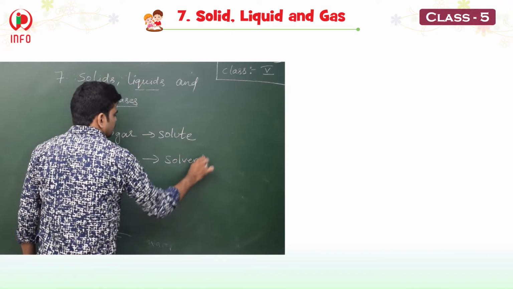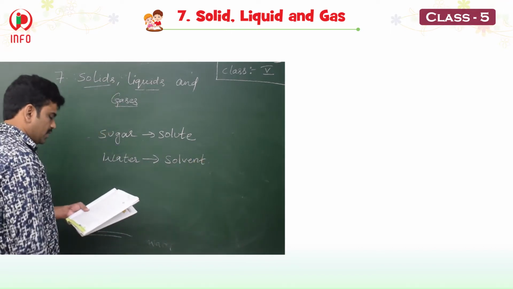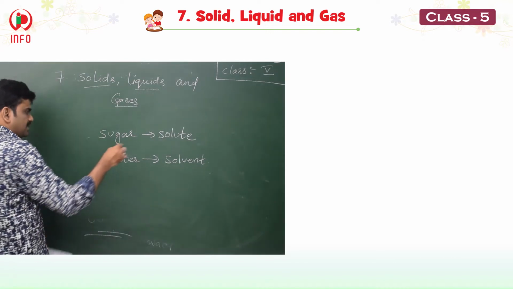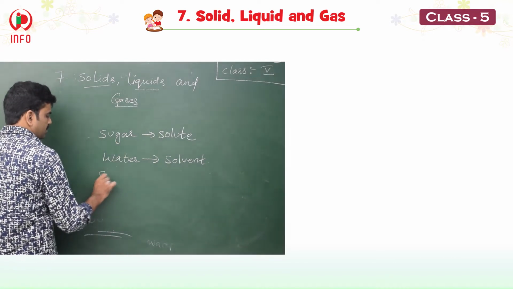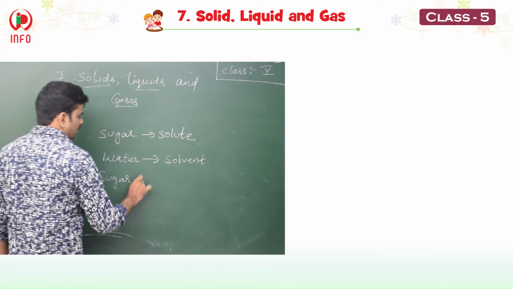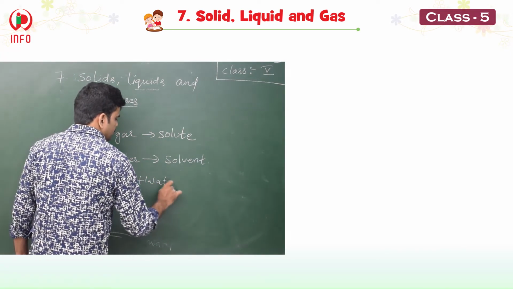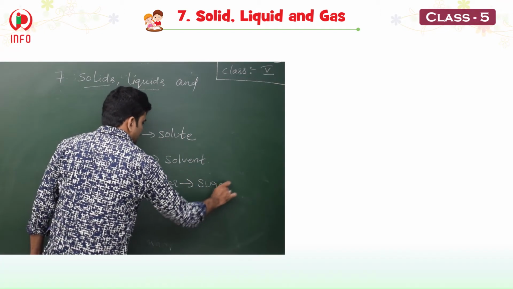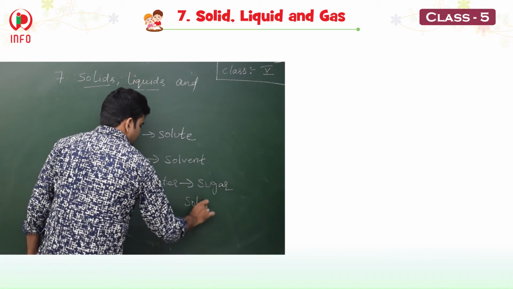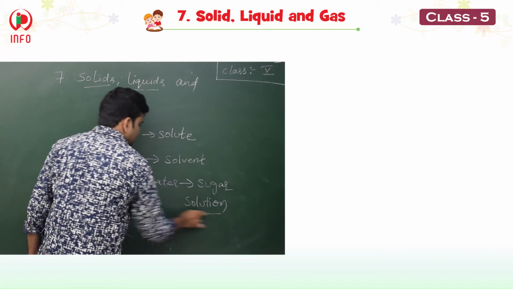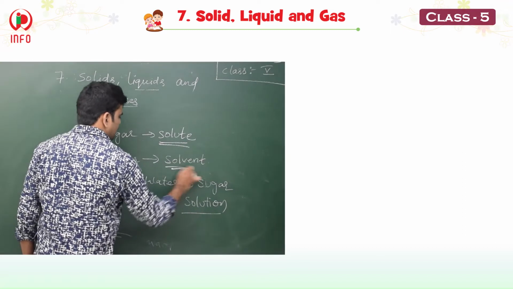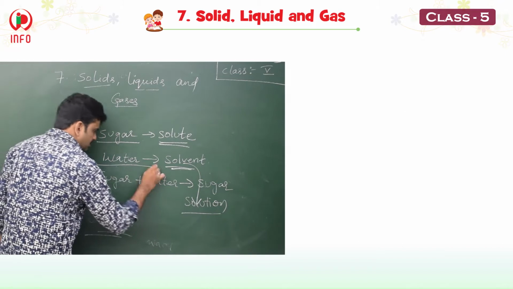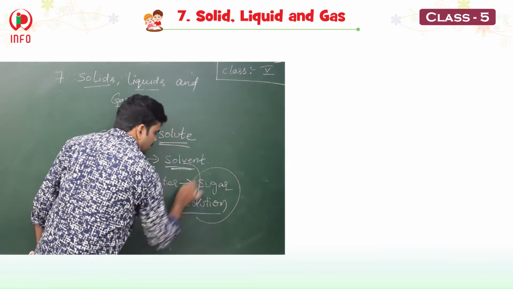The substance we get after mixing sugar plus water is sugar solution. So, the substance we get after mixing solute and solvent is solution. The solute is sugar, the water is the solvent, and we get sugar solution.